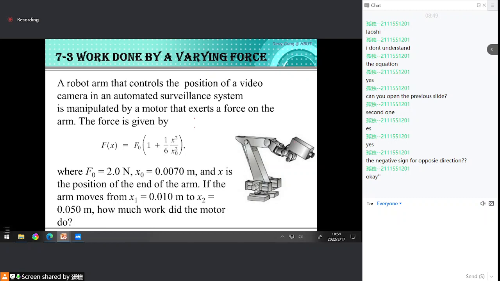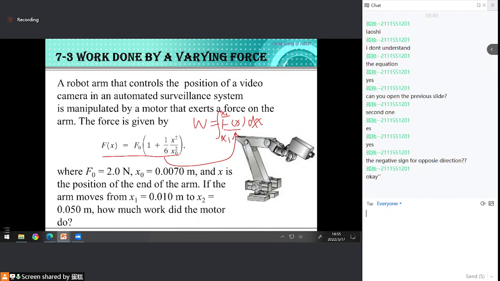So the work should also be equal to the integration of Fx dx, from x1 to x2. And Fx is given by this equation.